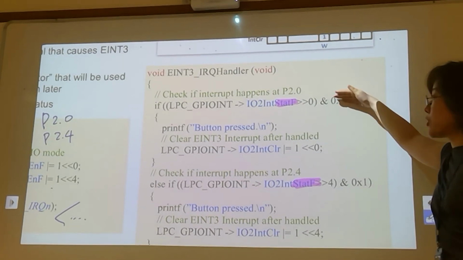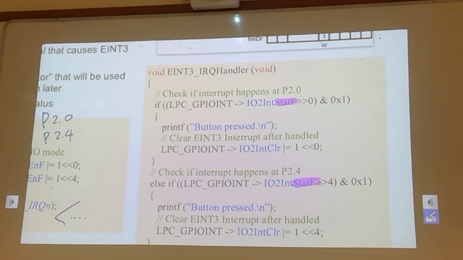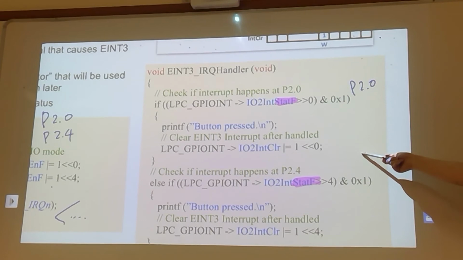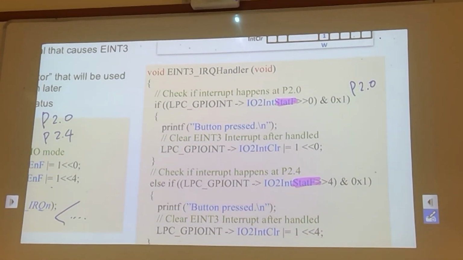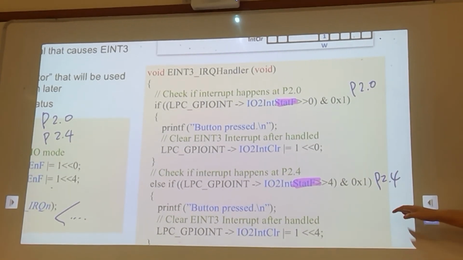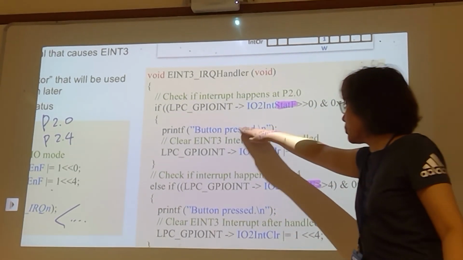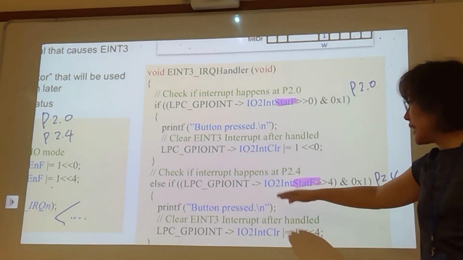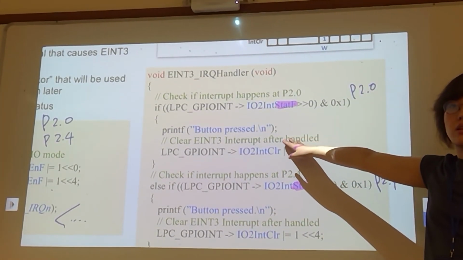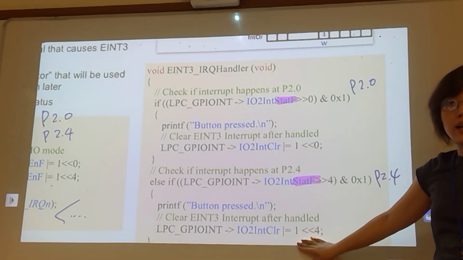So if this is true, you know that the device connected to P2.0 triggered this event. Else, if I check the other pin, P2.4, either this or this, I print the same message: button pressed. These are basically the follow-up actions. And then you need to clear the interrupt.